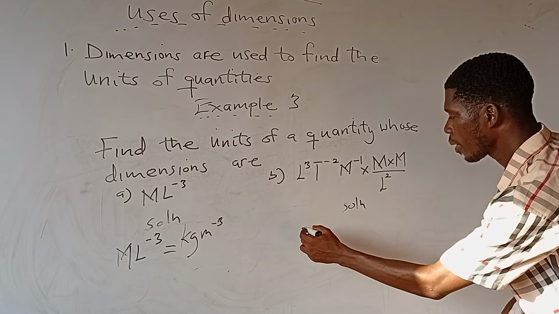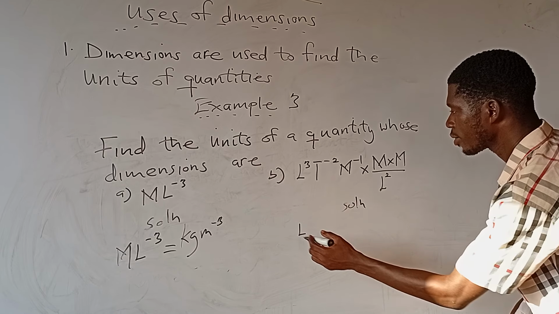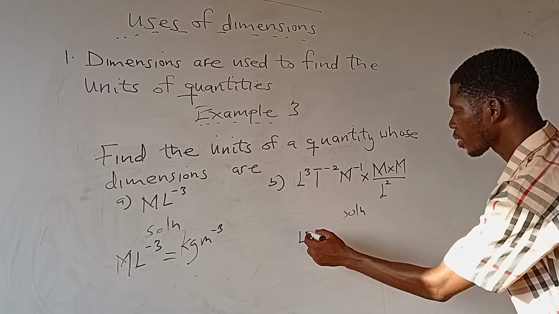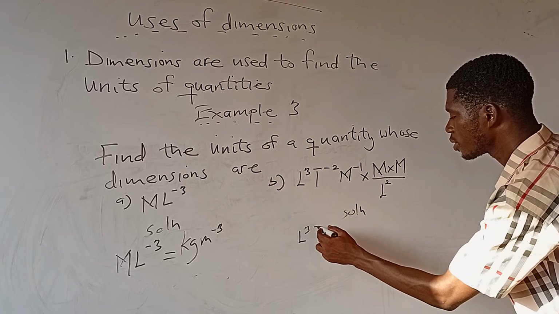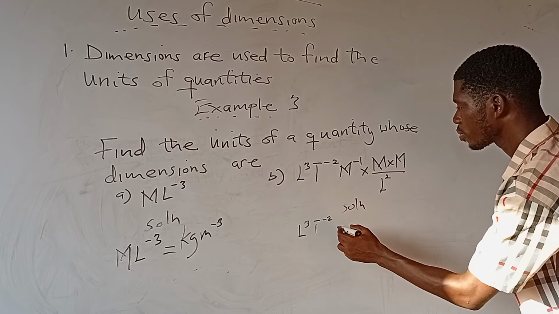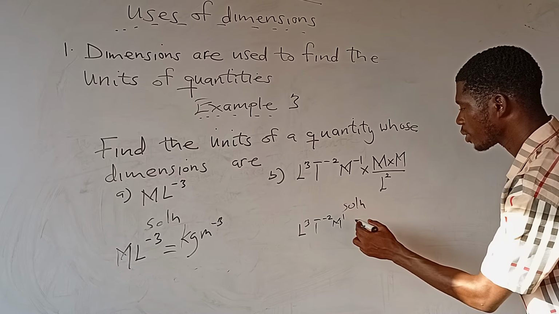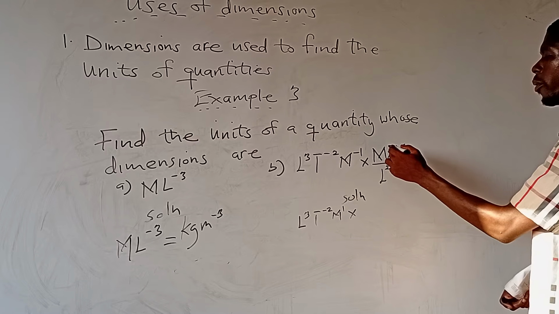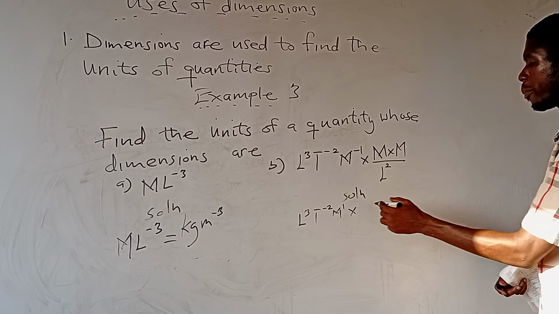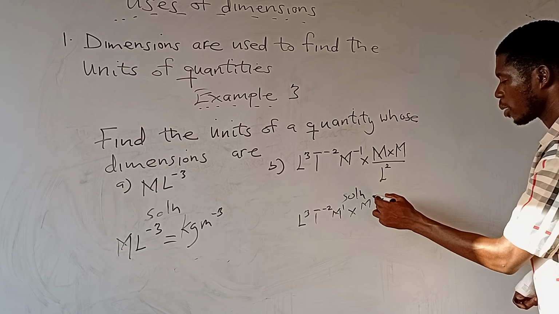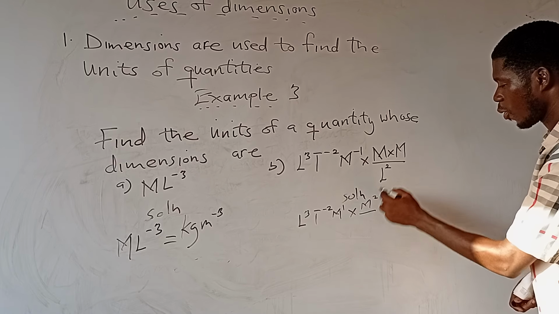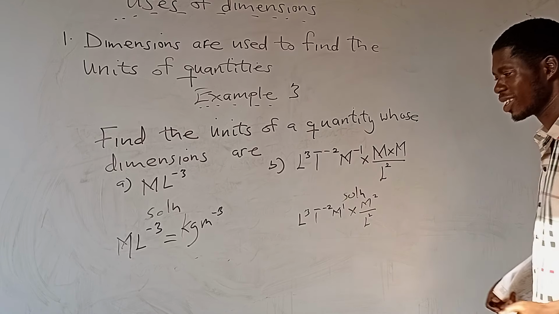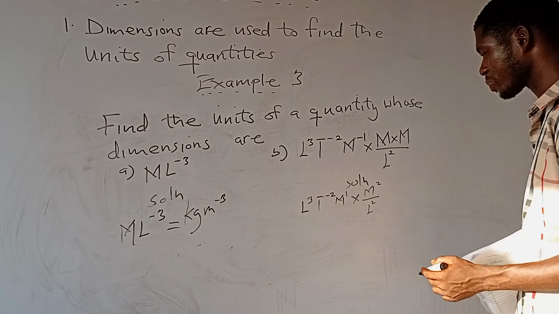So we get L^3 T^-2 M^1 times M^2... For multiplication, we add the powers. One is here, one is here, so we add the powers. So M to the power 2, over L to the power 2.